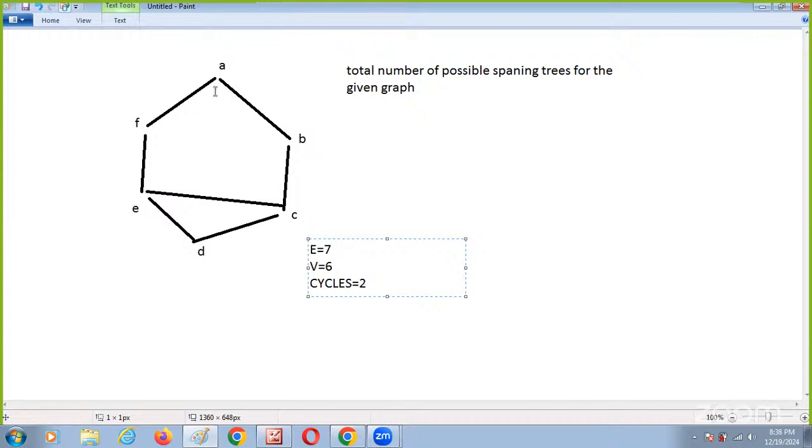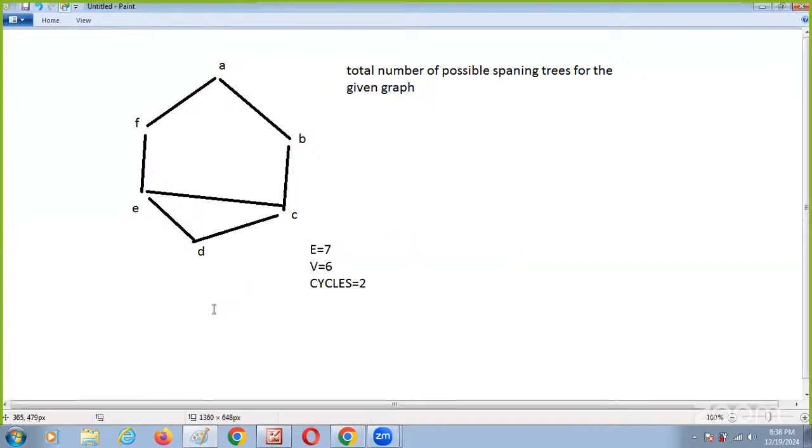This is one cycle, right? This is one cycle and the cycle length should be less than 6. Yes, and this is also one cycle. So total number of cycles are 2.